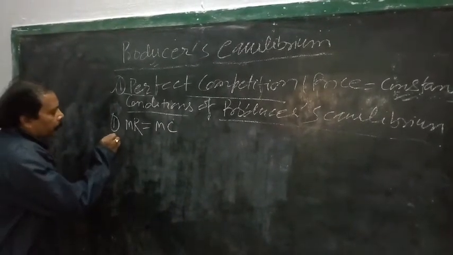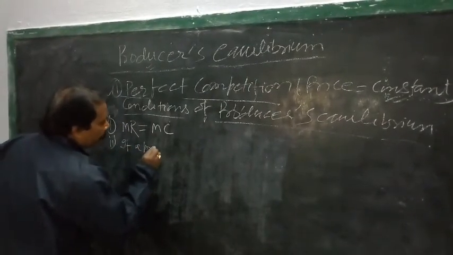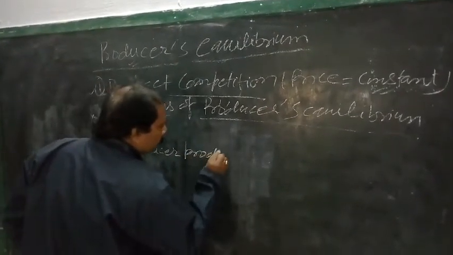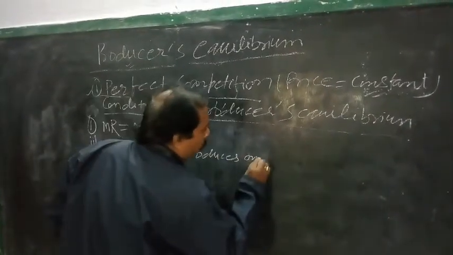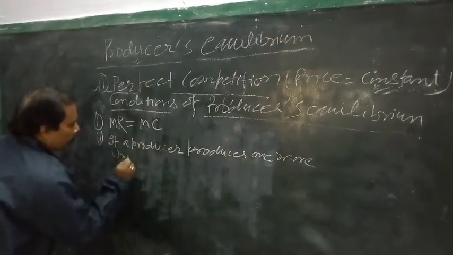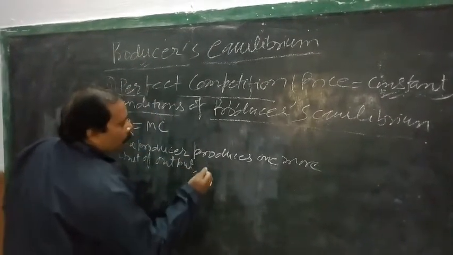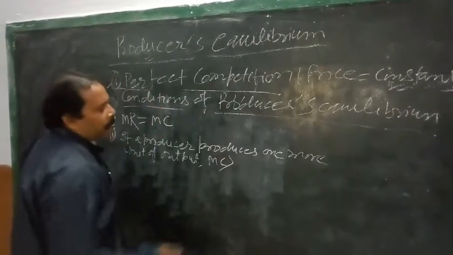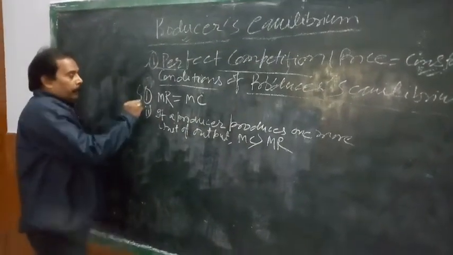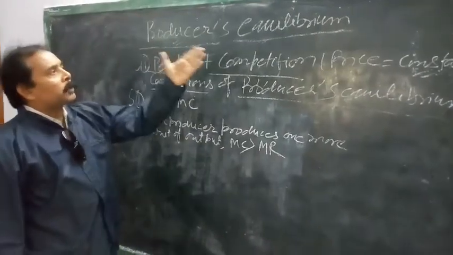And second, if a producer produces one more unit of output, marginal cost must be greater than marginal revenue. Is it clear? So, with the help of two conditions, we will try to understand the producer's equilibrium.